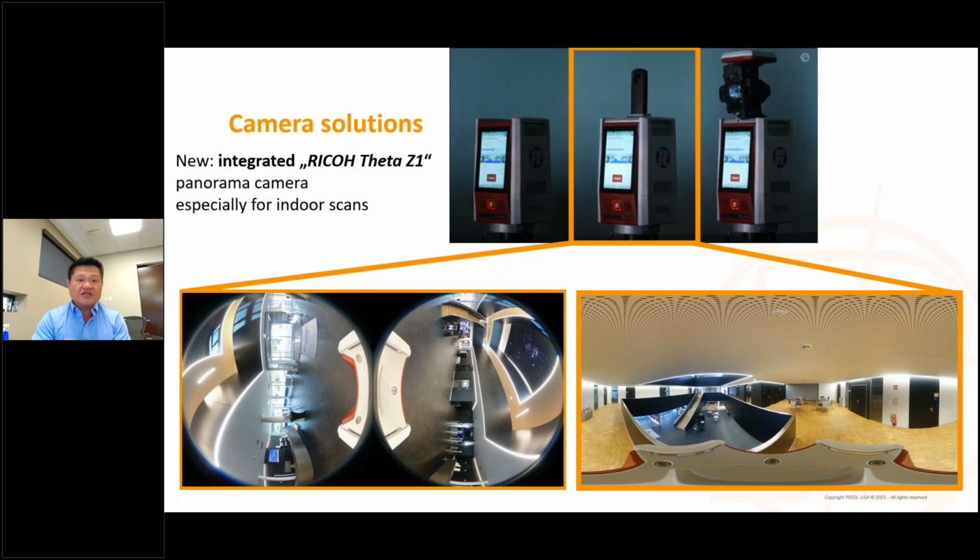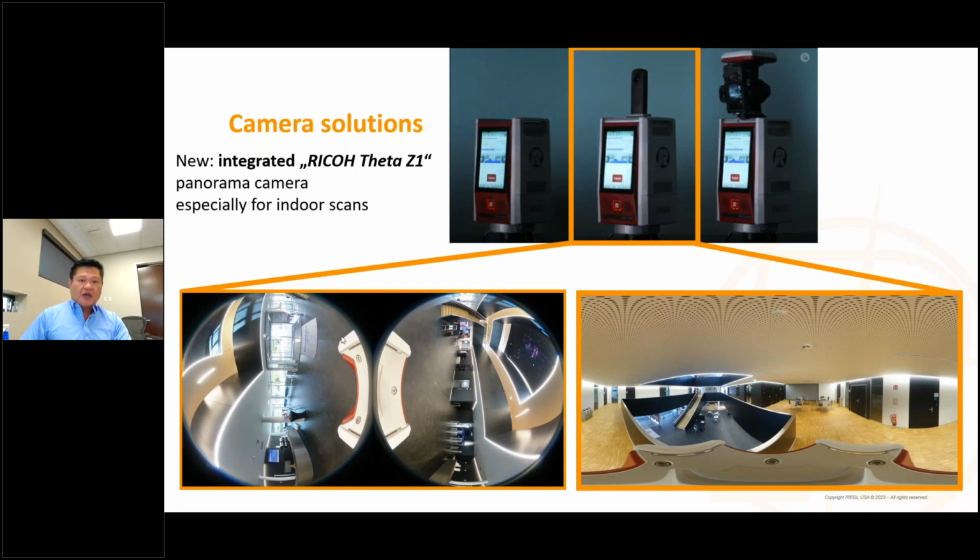And the interface and the settings are also done through the scanner's interface as well. This is typically very good for indoor scanning in lower light conditions, and provides a highly realistic spherical 360-degree image. So if you have a need for this for indoor mapping, take a look at this 360-degree camera, which is very nice and complements the VZ600 very well.